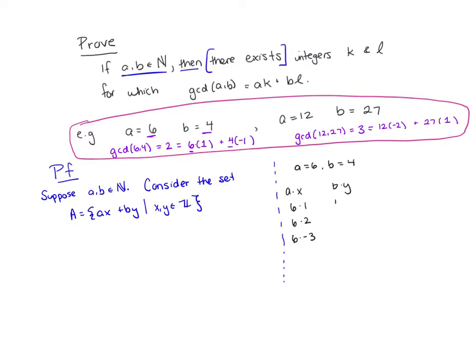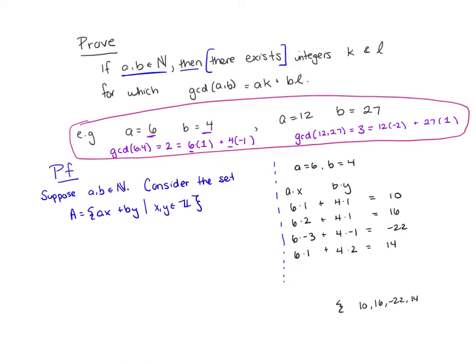So maybe I'll do 4 times 1, another 4 times 1, a 4 times -1, do another 6 times 1 over here and a 4 times 2. And then I'm going to add all those together. So I get 10, this is 12 and 4 is 16, this is -18, -4, so -22. This is 6 and 8, 6 and 8 is 14. Right, so I'm just going to get this combination of all of these numbers.